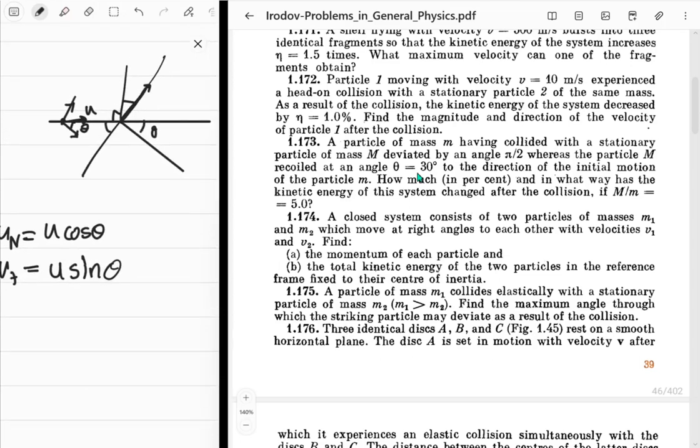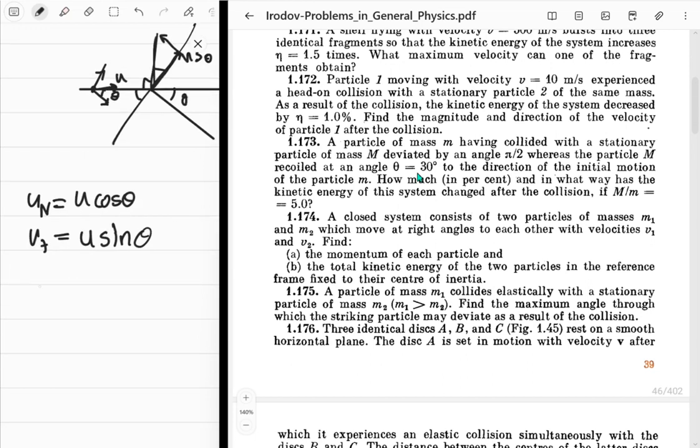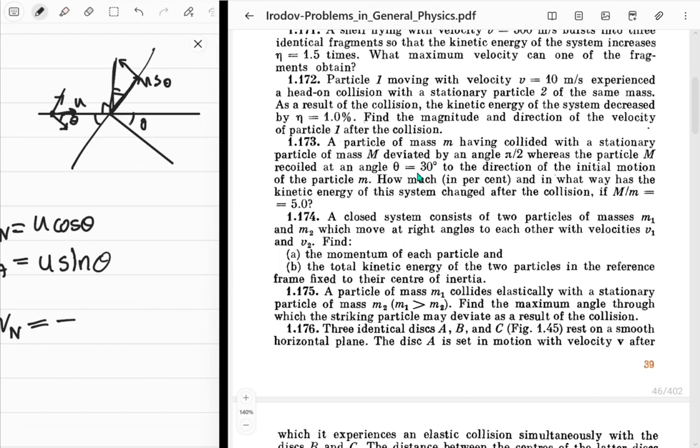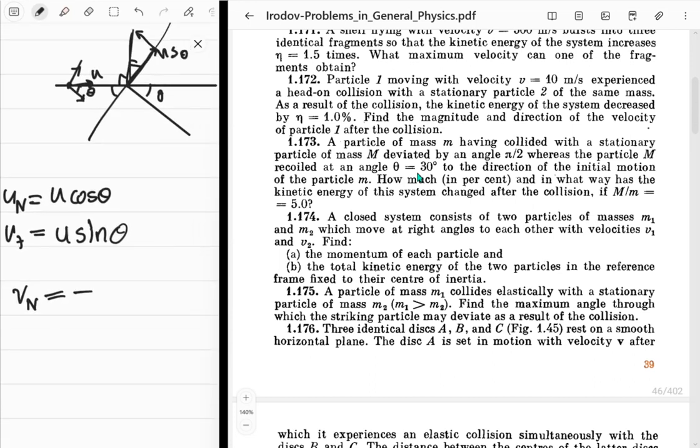It's going to be u sine theta, and then you got this velocity. So the normal velocity, it's negative, of course. So you can say v normal will be negative. And this is like 90 minus theta, so tan of that will be cot theta, just like cosine upon sine. So this is going to be u cosine theta right there. Huh. Wait. U cosine theta was the normal velocity.